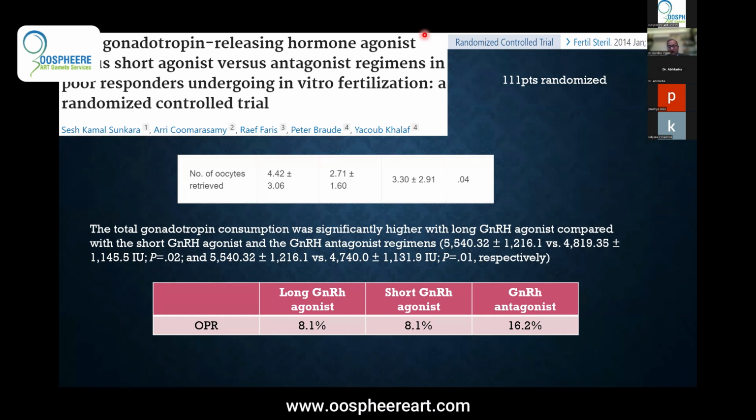Now look at the ongoing pregnancy rate in this table. GnRH antagonist is around 16.2%. Even antagonist protocols are better than any long or short agonist protocol because you have a better ongoing pregnancy rate, and there is not much significant difference between agonist long versus antagonist, as you can see, 4.42 versus 3.30.